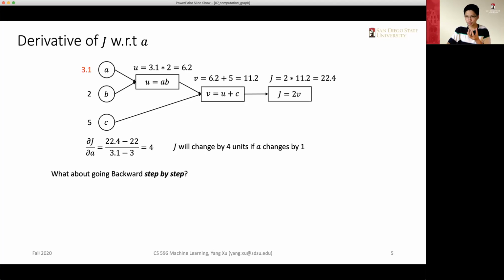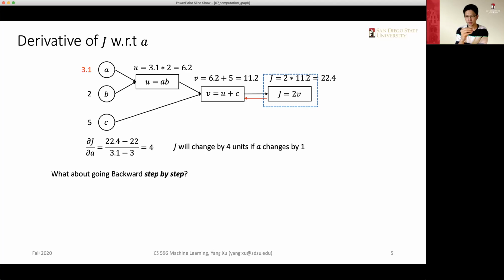Because we have intermediate variables here, we can start. Our goal is to take the derivative of j with respect to a. In the first step, we can compute the derivative of j with respect to the immediately adjacent variable, which is v.